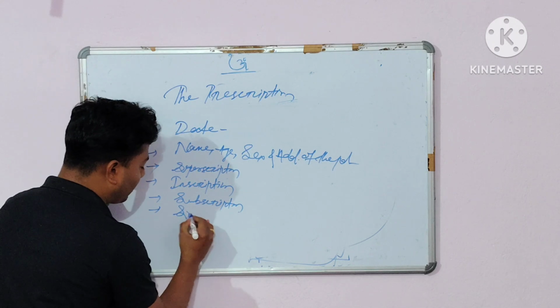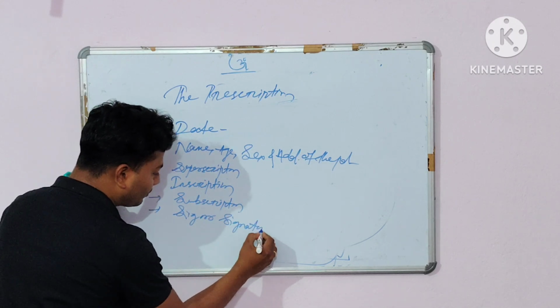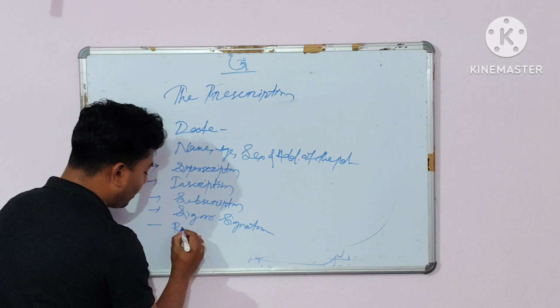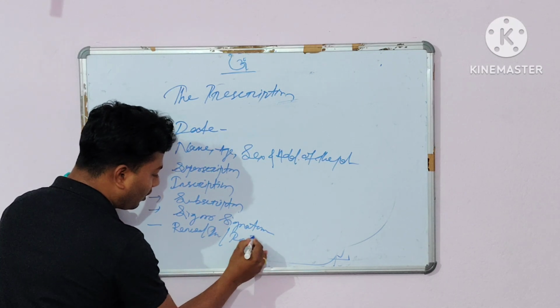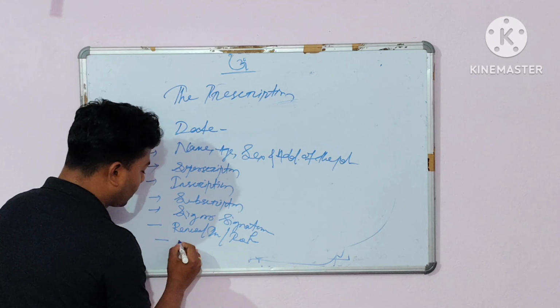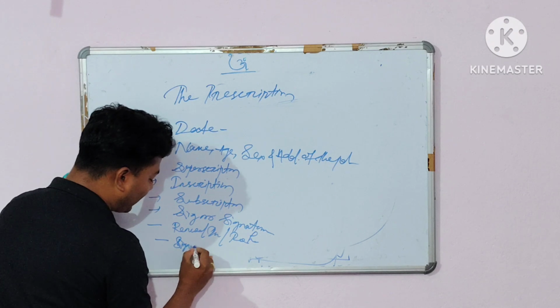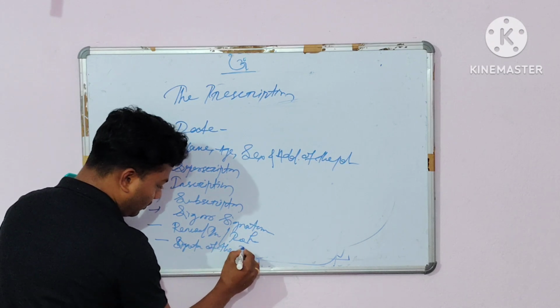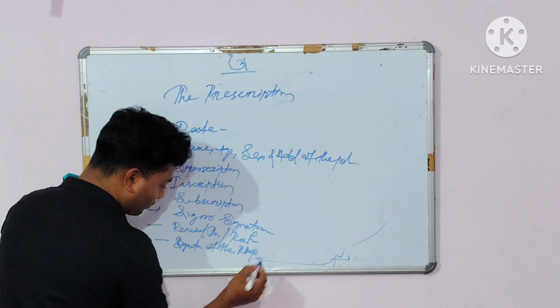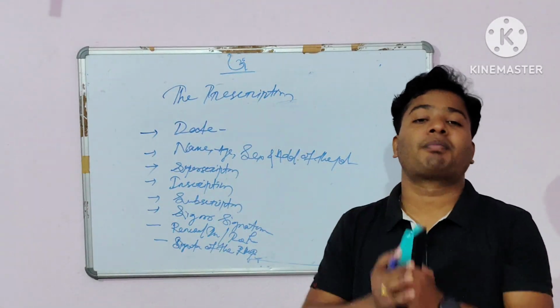Then sig or signatura, then renewal information or refill, next signature of the RMP. Okay, so these are the parts of the prescription.